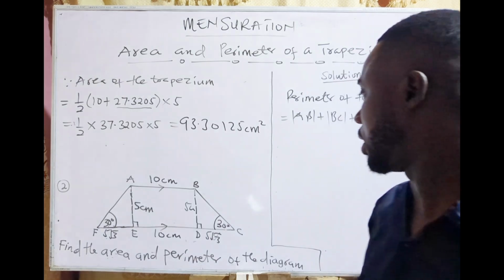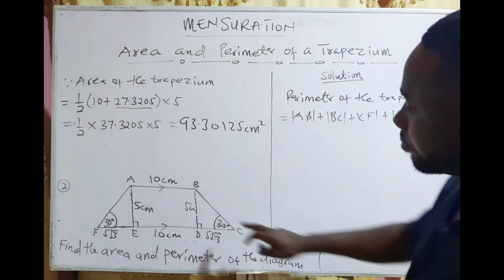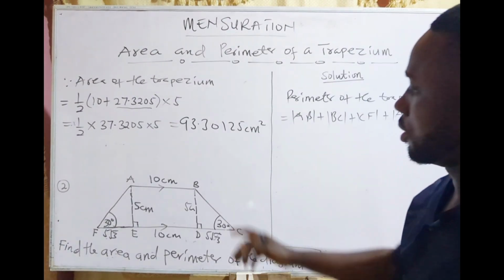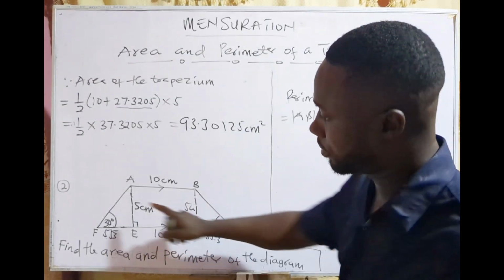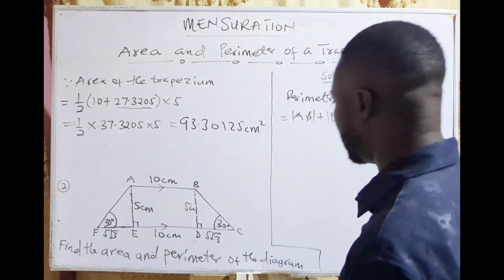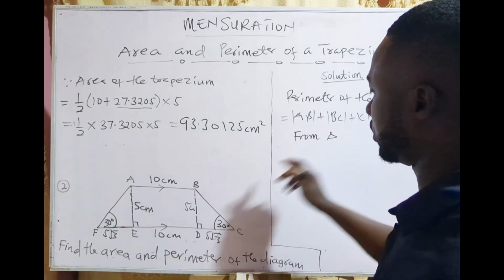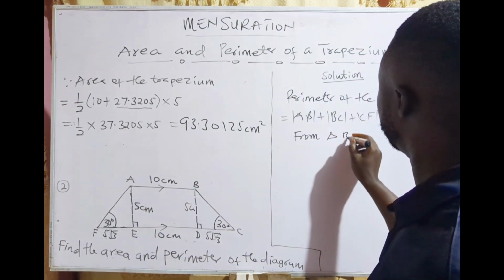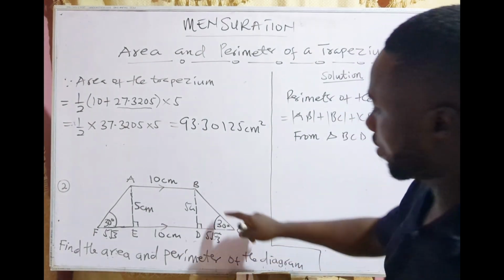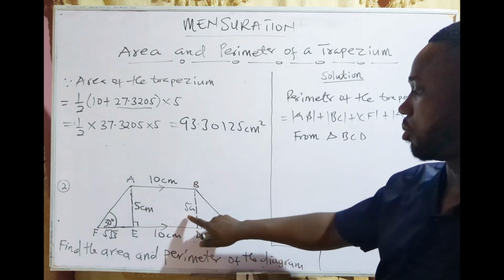But what we should take note of is that BC is the same as AF. So we are going to find one side here, and whatever value we have here will be the same as the other, because we already saw that this triangle is the same as this triangle. From triangle BCD, if I want to find the hypotenuse, I can use opposite over hypotenuse.